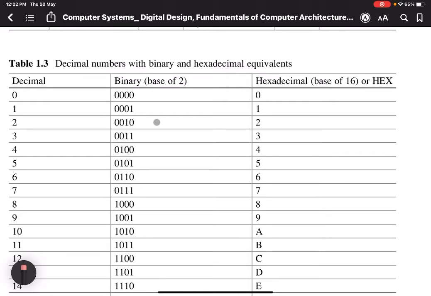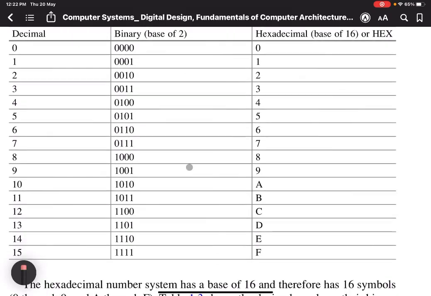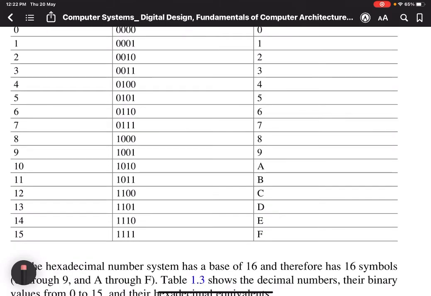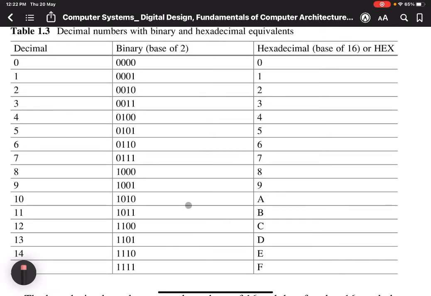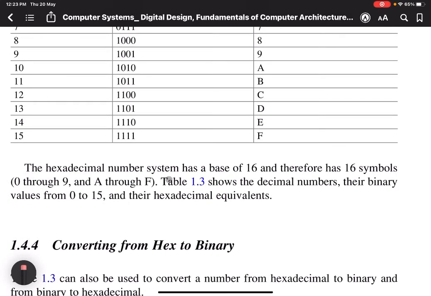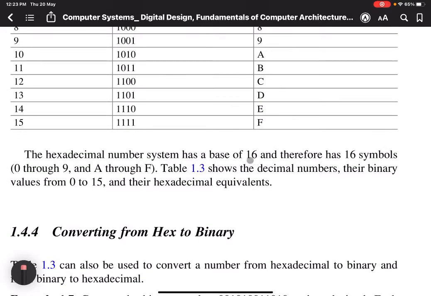Okay? So we have a table for converting different number systems. The hexadecimal number system has a base of 16 and therefore has 16 symbols.